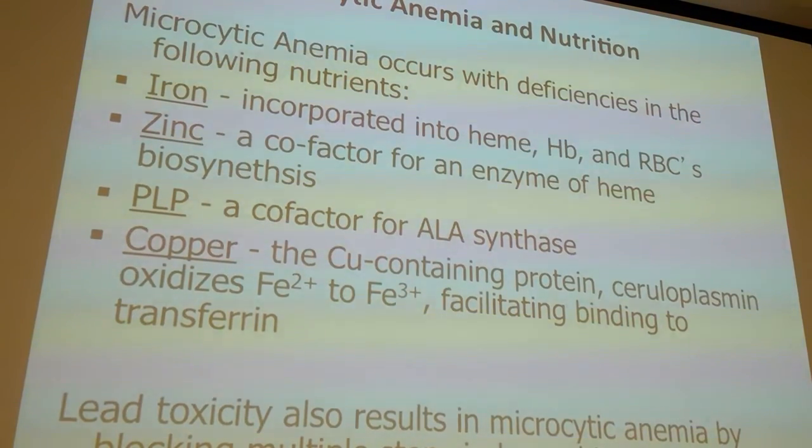Lead does a lot of things, and there are a lot of reasons it's toxic, but one of the things it does is result in microcytic anemia by blocking multiple steps in the heme synthesis pathway. ALA dehydratase and ferrochelatase are both inhibited by lead. So a lot of these factors can result in this microcytic anemia.